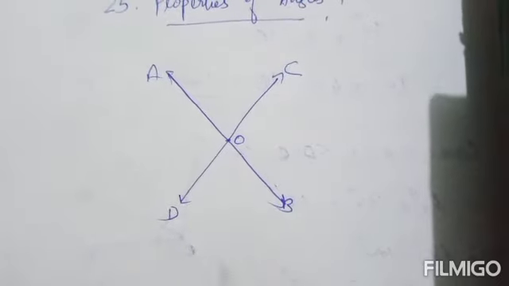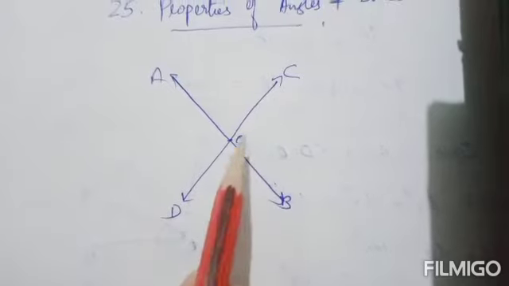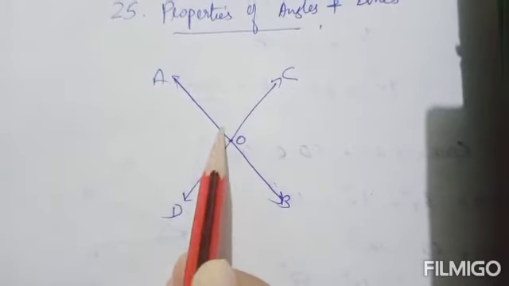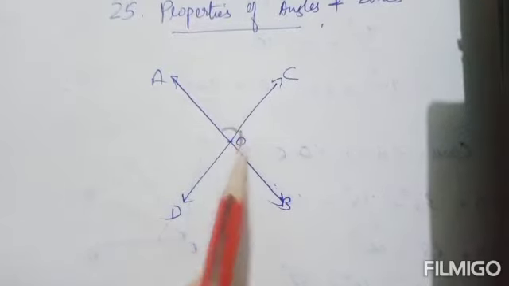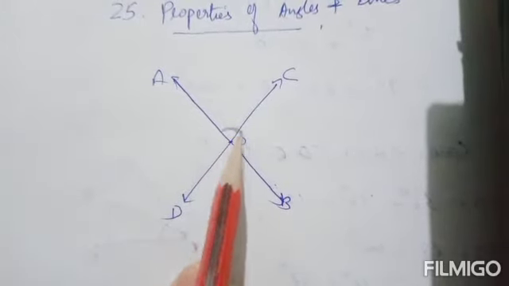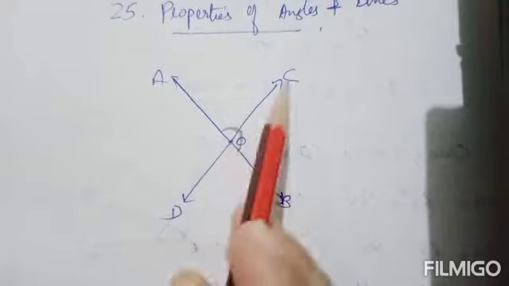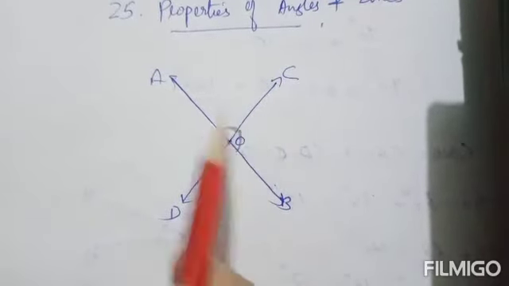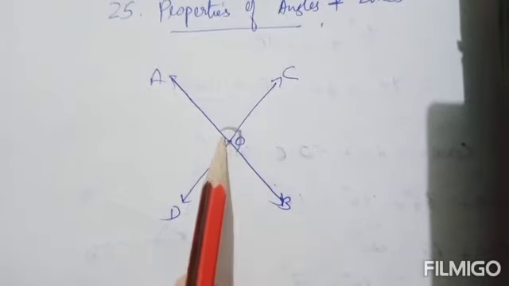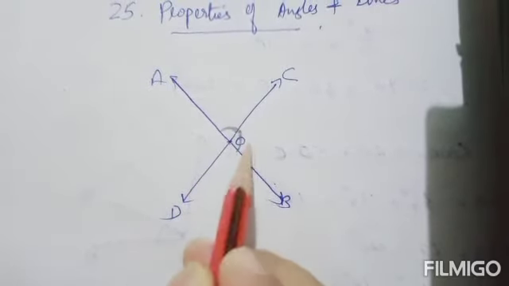So here, which all are adjacent angles? Angle AOC and angle BOC. These two are adjacent angles, since they have a common vertex O and common arm OC, and the other two arms OA and OB are on the opposite sides of the common arm OC. This is one pair.